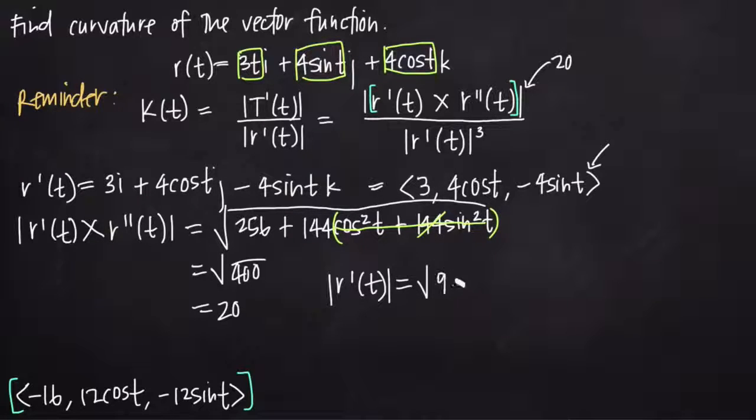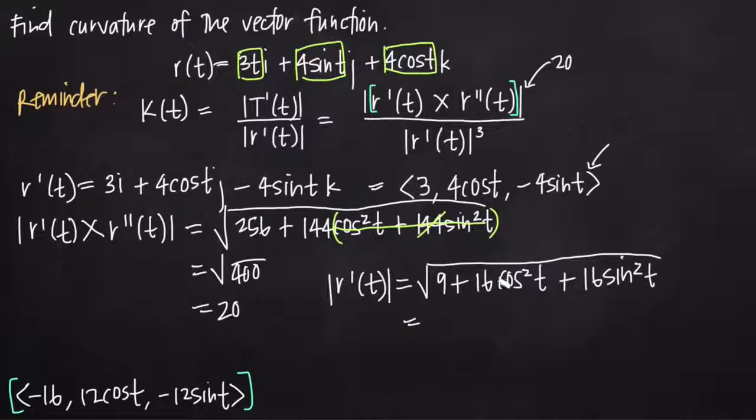So 3 squared gives us 9. 4 cosine of t gives us 16 cosine squared t when we square it, plus negative 4 sine of t gives us a positive 16 sine squared of t. And now we have the same thing.